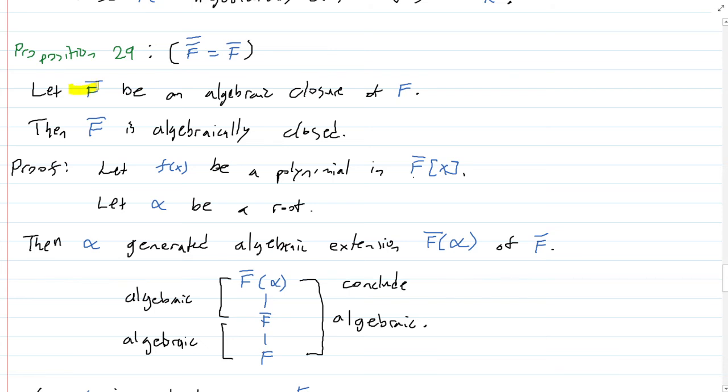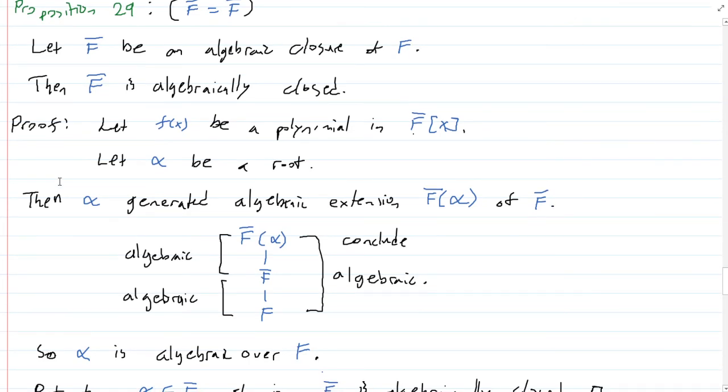So what it's saying is, let F bar be an algebraic closure of F, then F bar is algebraically closed. Okay, so how are we going to prove that it's algebraically closed? Let f of x be a polynomial in the polynomial ring with coefficients in F bar. We want to show that it has a root in F bar. So let alpha be a root, and we want to show that alpha is also in F bar.